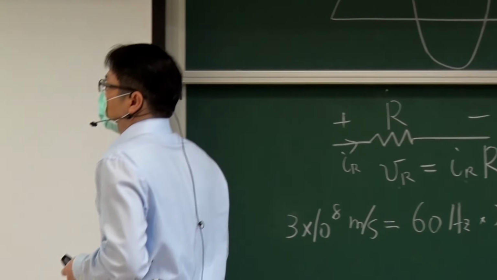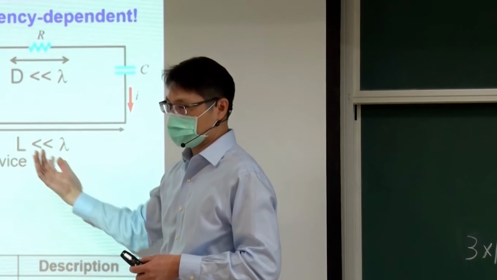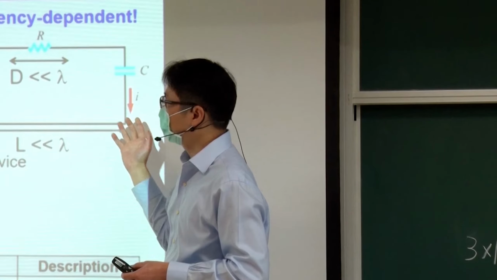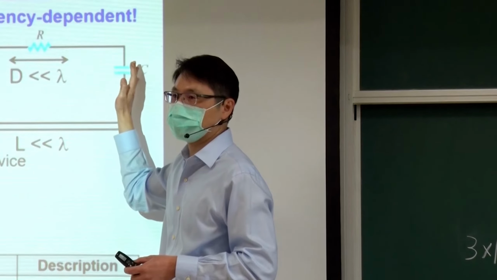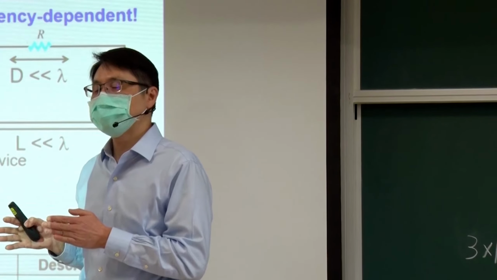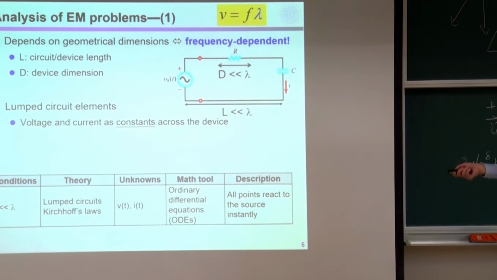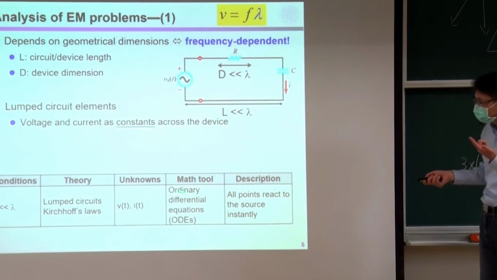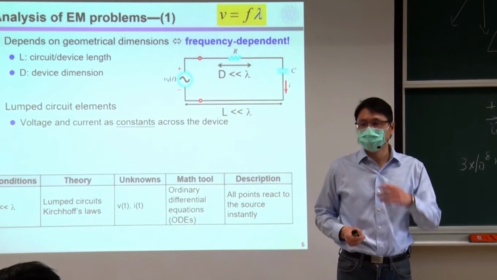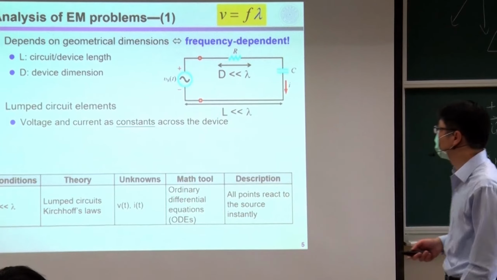So in the past, you analyzed simple circuitry using resistor, capacitor, inductor, and you all assumed the voltage and currents are constant in terms of space domain. That's because your operational frequencies are extremely low. The mathematical tool that you need is just ordinary differential equations, but you don't want to remember that, right? But you have to do partial differentiations, but only in time. So that's simple.